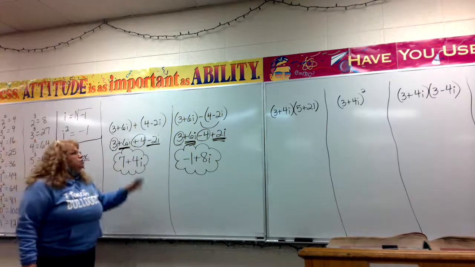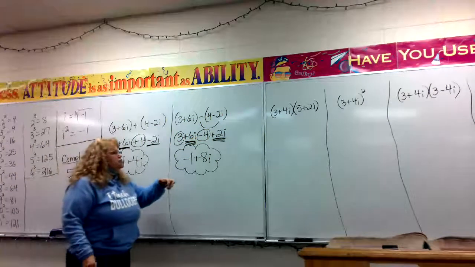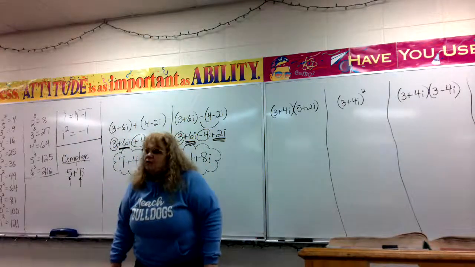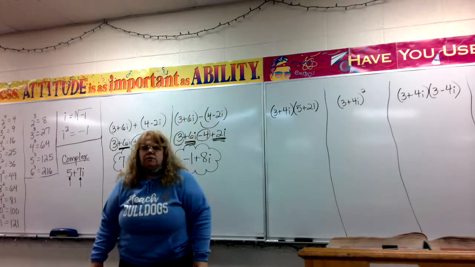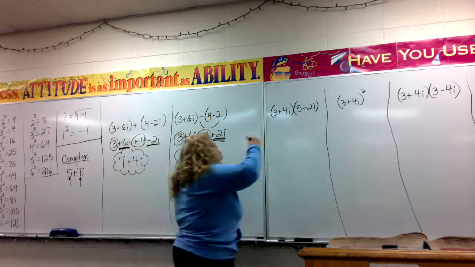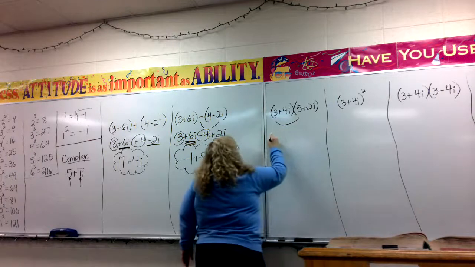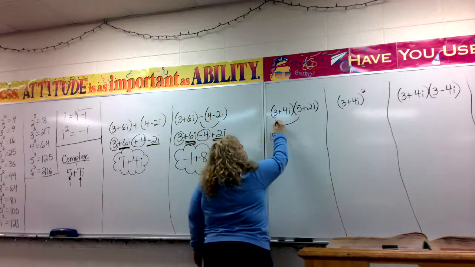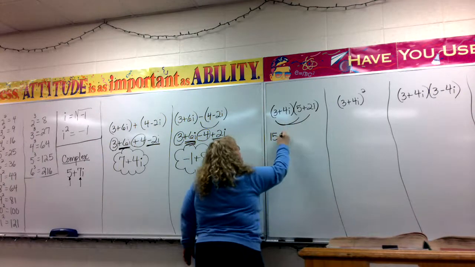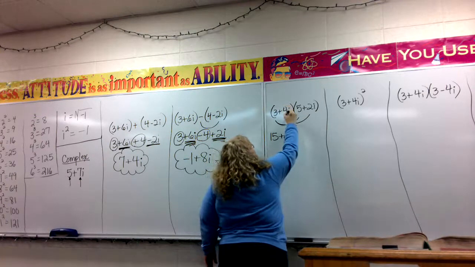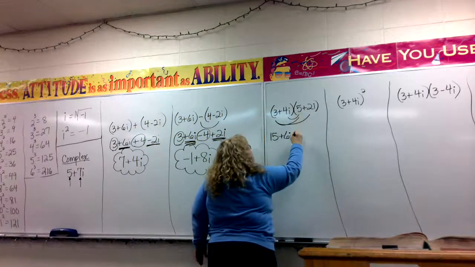That's it. So already we did add, subtract. Multiply. You know how to FOIL, right? So that's what we're going to do. We're going to FOIL. Start here. What's 3 times 5? And then move over, 3 times 2i. And then you're going to move over and do the 4i times 5.